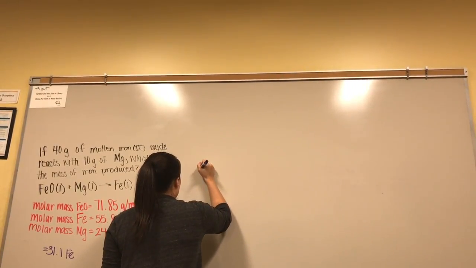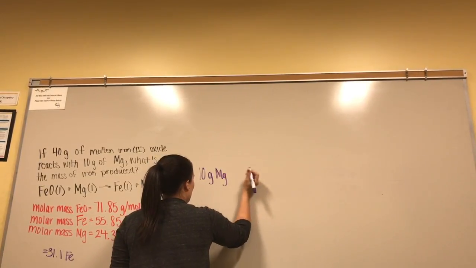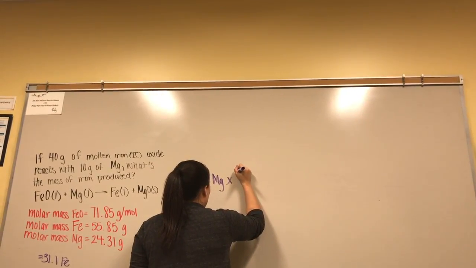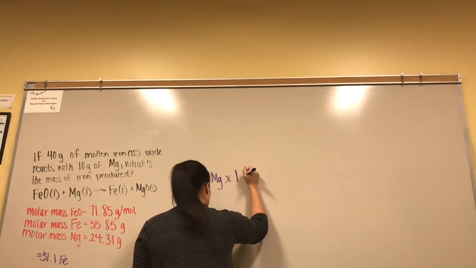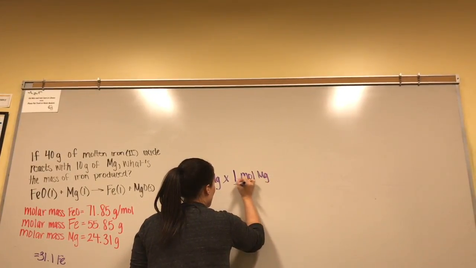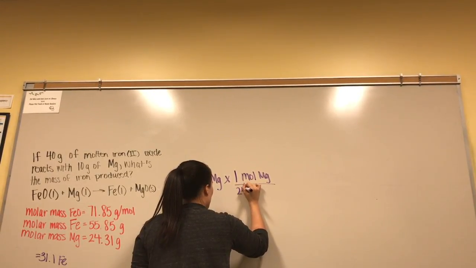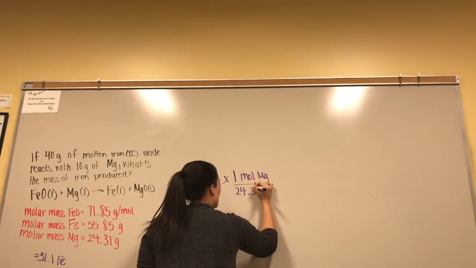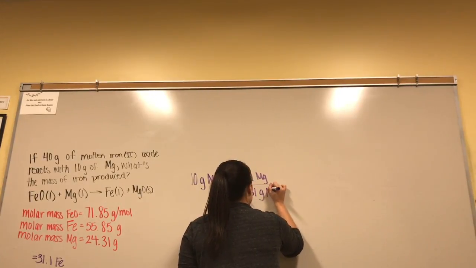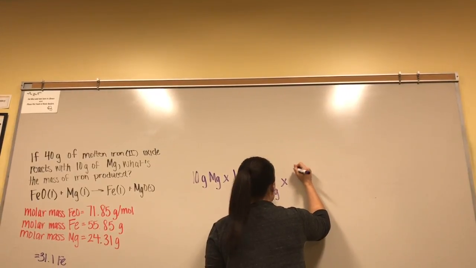So you're given 10 grams of magnesium, and you have to multiply that by 1 mole of magnesium over the mass to cancel out the grams, and the mass of magnesium is 24.31 grams. And then you have to multiply that by your moles to cancel out the moles.